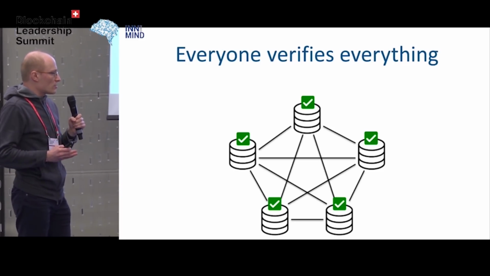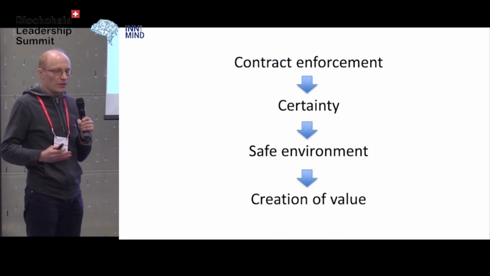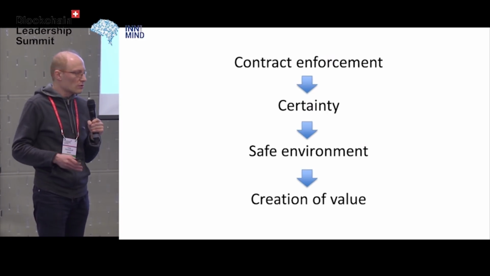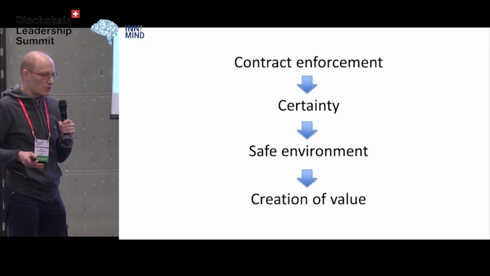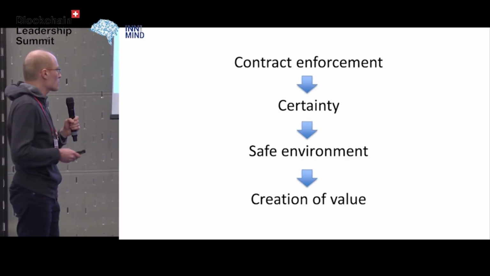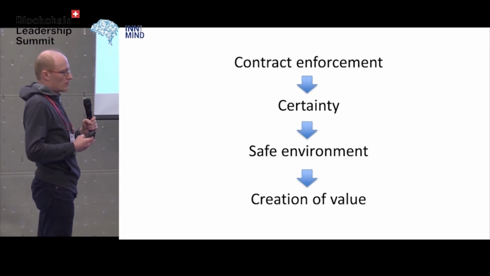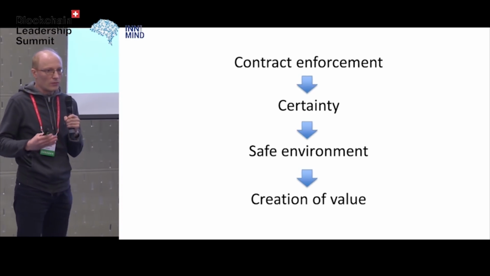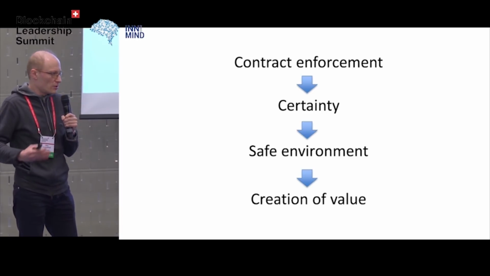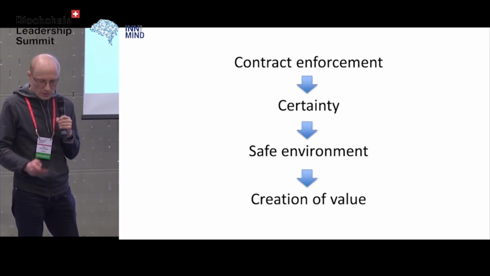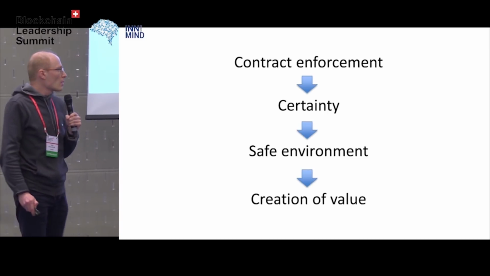If this is the case, the contracts can be effectively enforced, which means certainty for all the parties that make those contracts, which means, as a whole, this is a safe environment where contracts can be created and enforced. And a safe environment encourages creation of value.